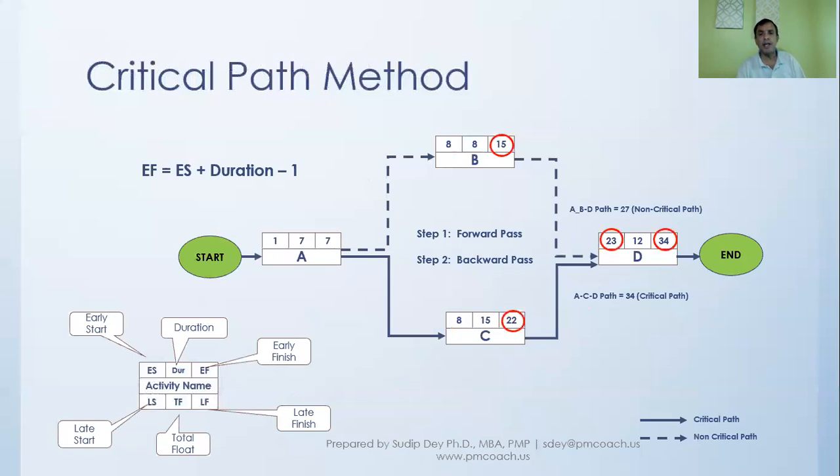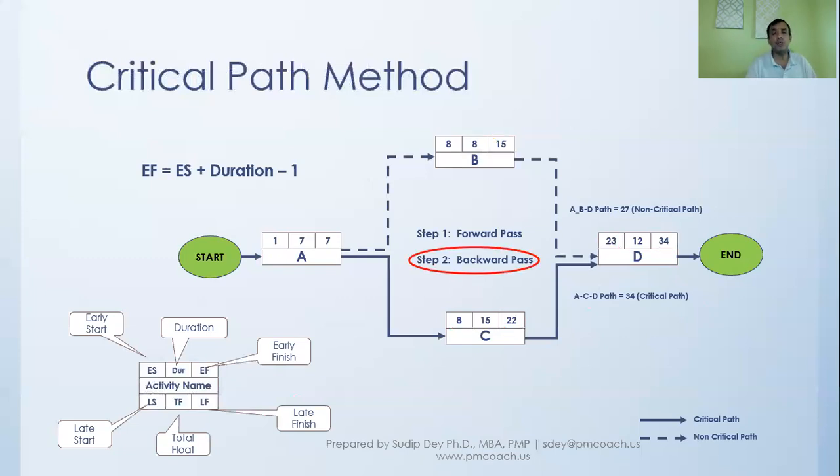Then, based on the early start for B and the duration, the same way we calculated the early finish for A, we calculate the early finish for B and C. Similarly, we go about calculating the early start and early finish for D. So in other words, we have done step 1, which is the forward pass.